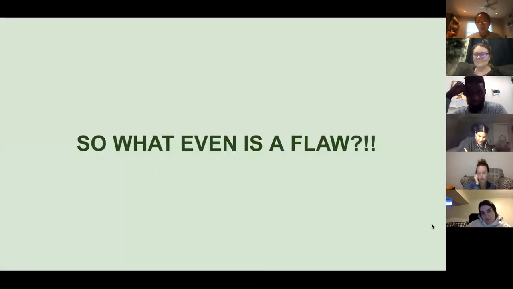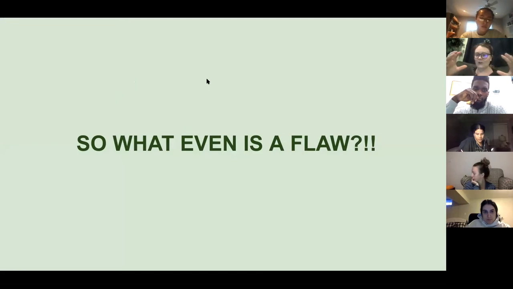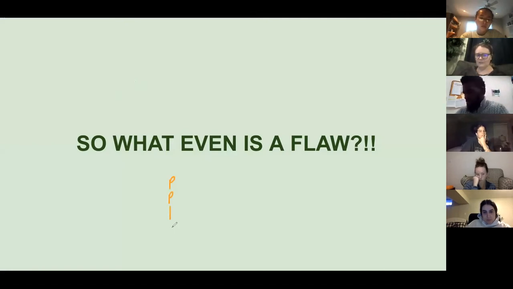So we already answered this. What even is a flaw? So essentially on the test, many questions are actually flaws themselves. There are specifically flawed questions, which we're going to talk about, but strengthen, weaken, sufficient assumption, necessary assumption, all of those question types are actually flawed arguments in the stimulus. So what this test does is it gives us a bunch of premises and a conclusion, and we have to learn how to determine why these premises don't guarantee this conclusion.